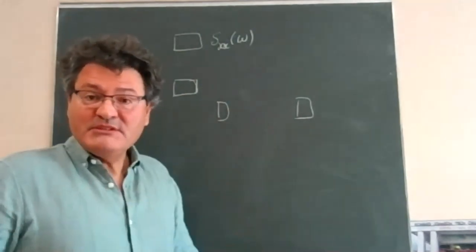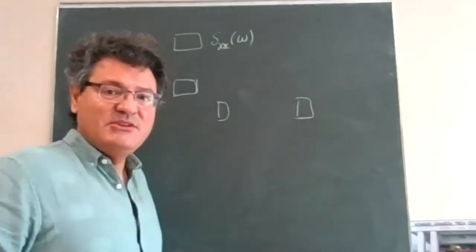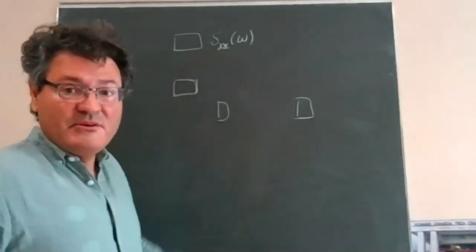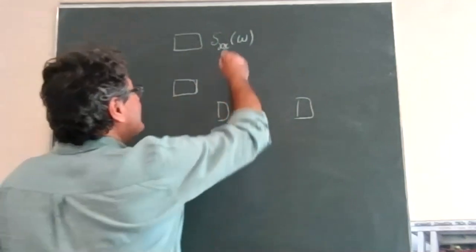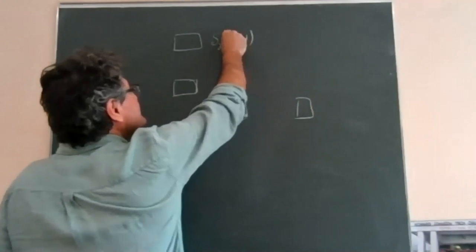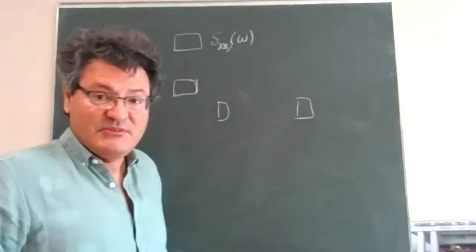So there will be four mirrors, so we are going to have four of these spectral noise densities. The index i tells us which of the mirrors.